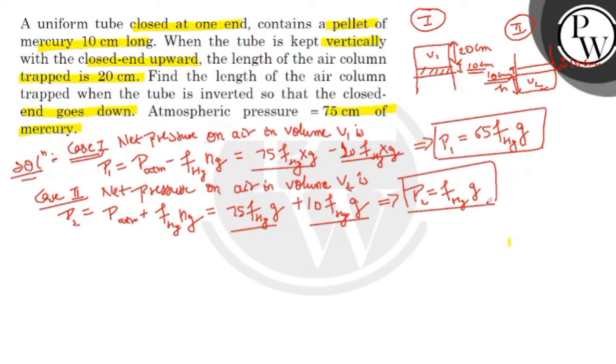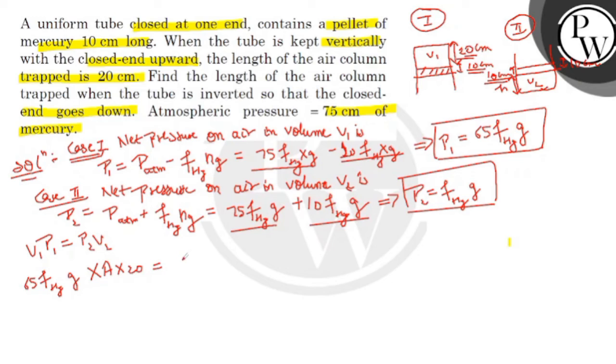So our whole system will be in equilibrium. So P1 V1 is equal to P2 V2, because both are at the same temperature, for an ideal gas. So P1 is 65 rho of mercury into G and the volume for this is A into 20.